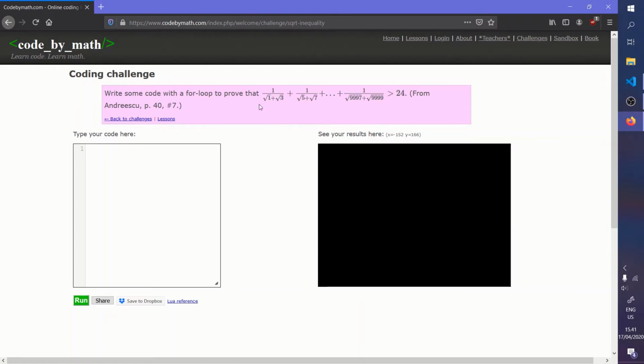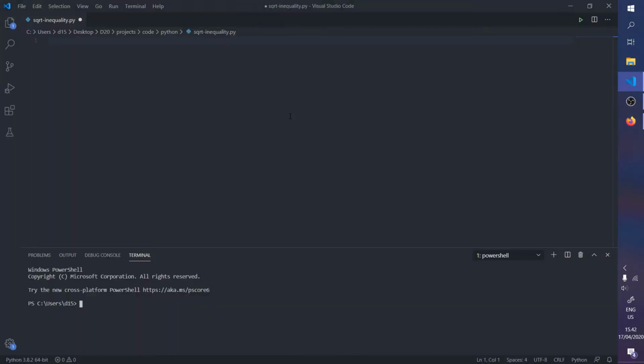How do you say this? The square root of 1 plus the square root of 3 plus the square root of 5 plus the square root of 7. It's 1 divided by the square root of 1 plus the square root of 3, and then plus 1 divided by the square root of 5 plus the square root of 7. So instead of incrementing up by 2, you can increment up by 4.